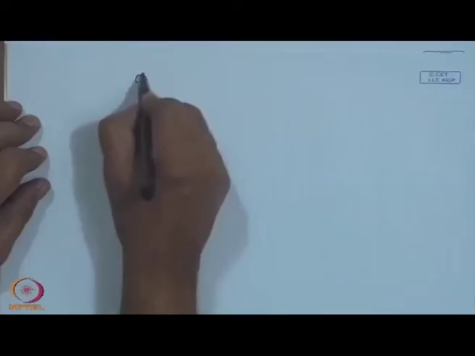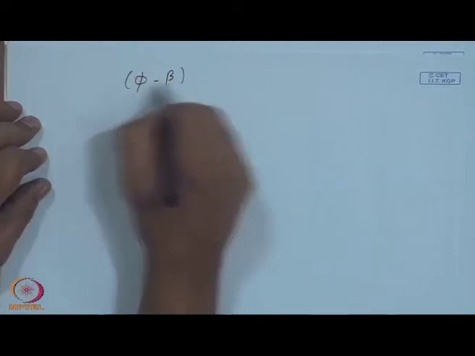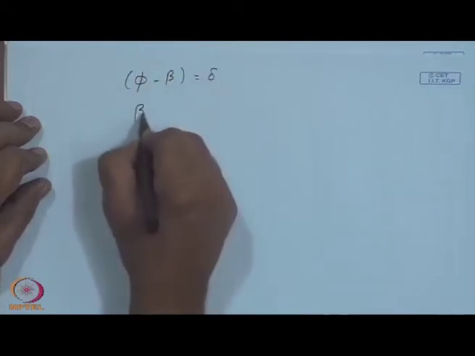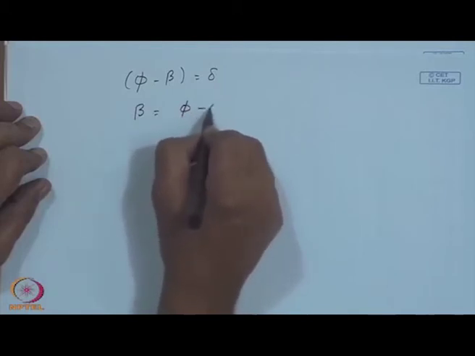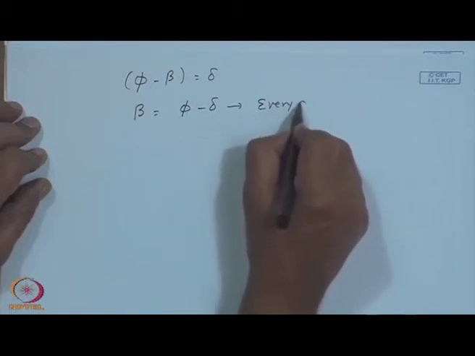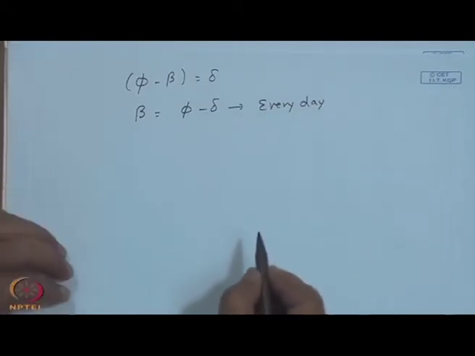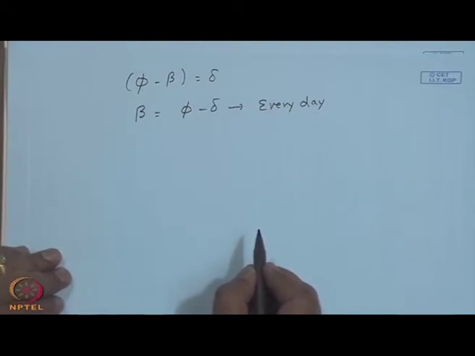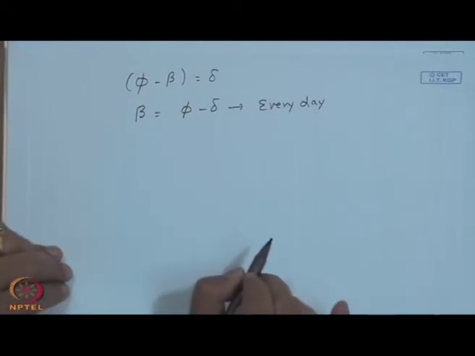So, I choose phi minus beta equal to delta, or beta equal to phi minus delta every day. That satisfies my tracking mode. The sun's rays are normal to the aperture at noon time, providing the minimum angle at noon time. Consequently, during the rest of the time, a south facing fixed surface for the day will have a minimum angle of incidence.